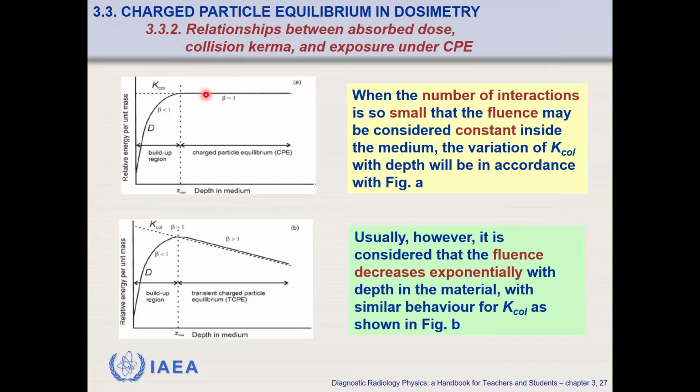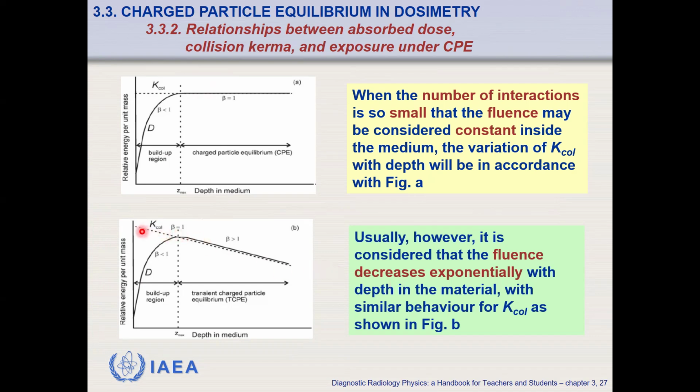Now, when the fluence decreases exponentially, it is usually considered that the fluence decreases exponentially with depth in the material. When the photon fluence decreases exponentially with depth due to attenuation, of course, the behavior of K collision mirrors this exponential decrease.